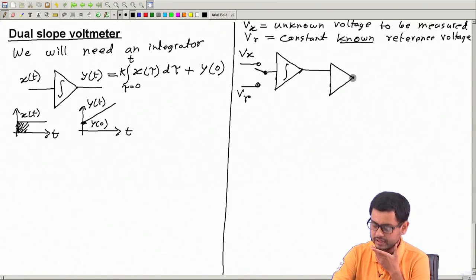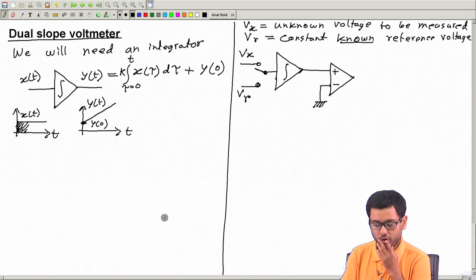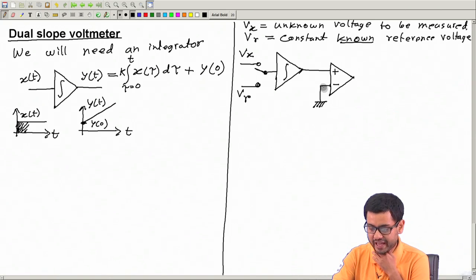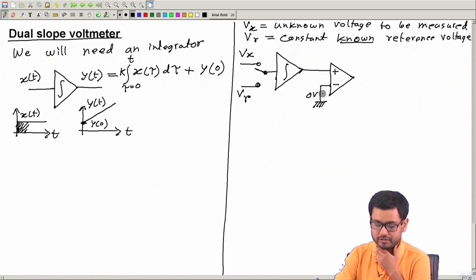let me connect a comparator here. So, what does this comparator do? It compares whether this value is higher than 0 volt or not.